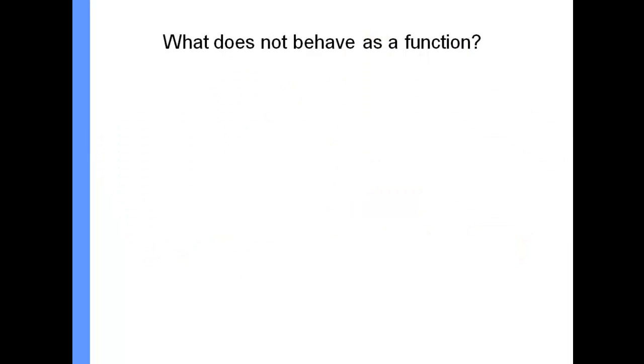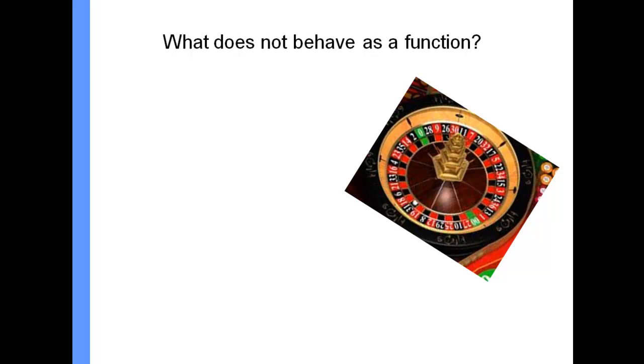So let's think of some things that do not behave as functions. Gaming relies on this idea of things not behaving as functions because things aren't predictable. And so that's the whole idea of gaming, is you might win and you might not win. Like a roulette wheel. If you think about your input being you spin the roulette wheel, well, it could end up on a lot of different outputs.